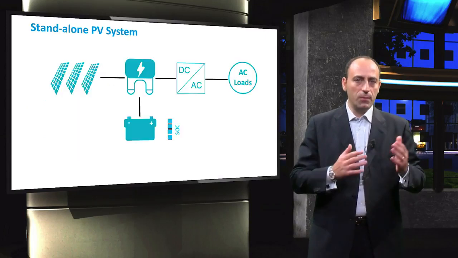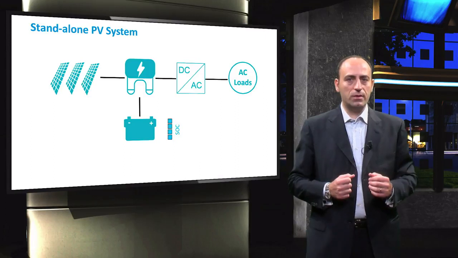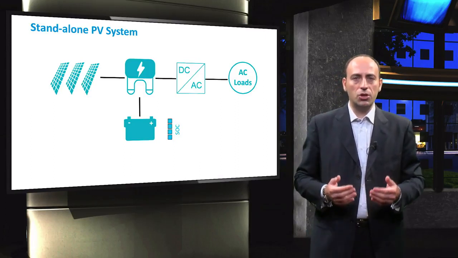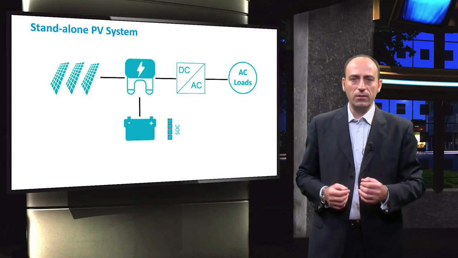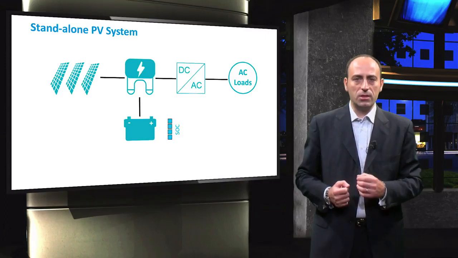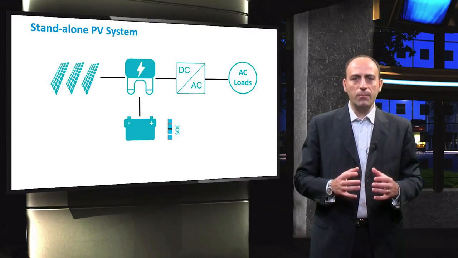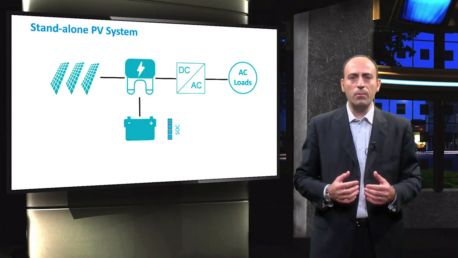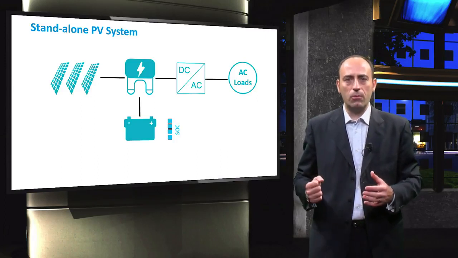This is a typical topology of a standalone PV system. It consists of the PV modules, the battery bank, the charge controller, the inverter, and the loads. The energy flow through such a system is as follows. Assume, for example, that the battery bank has a full state of charge and at a certain moment the load begins to consume power.